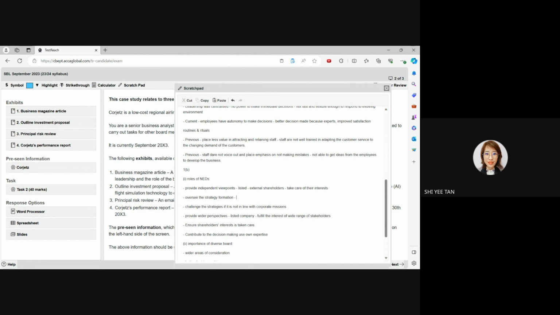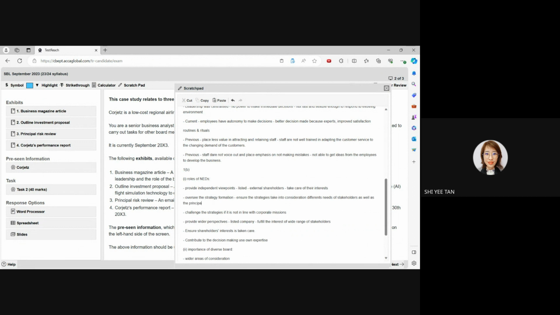Oversee the strategy formation is because NED can ensure the strategies take into consideration different needs of stakeholders, as well as the principal risks. I think it's, I guess, correct.